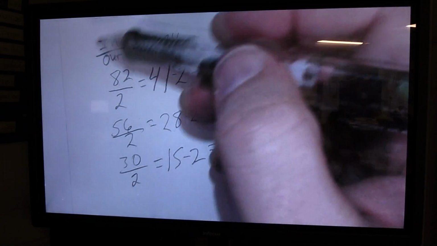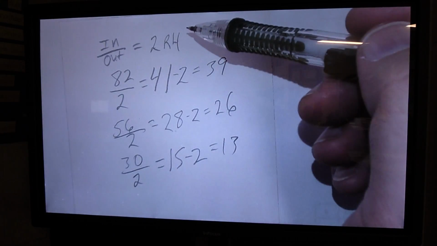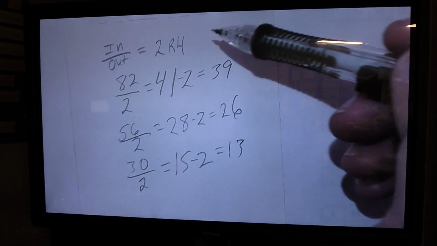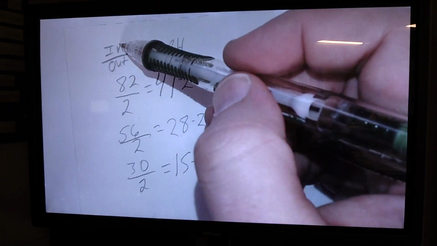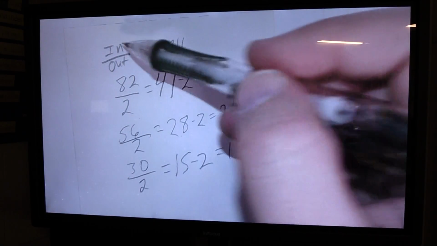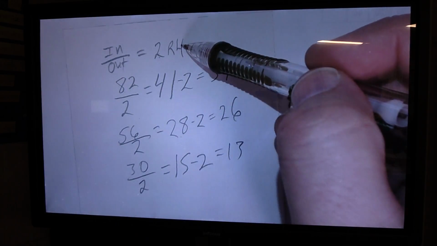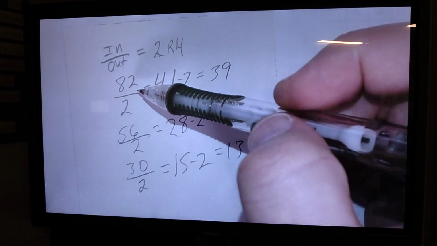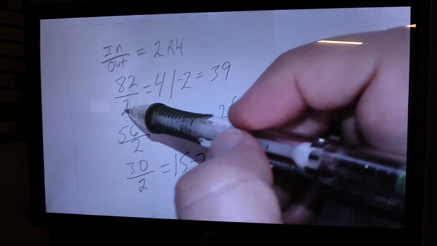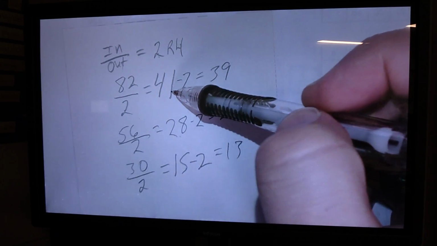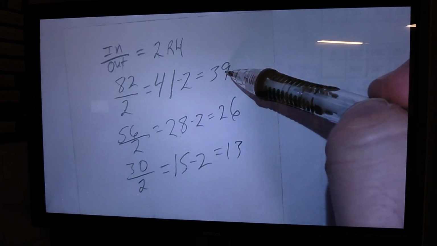So, we start out with this. This seemed to be what was going on, but it really wasn't the algebraic expression. It was just some information that we've come up with. We said you divide your in data by 2, and if you divide the in by 2, you get a quotient, but you have to subtract 2 from it in order to get the out.